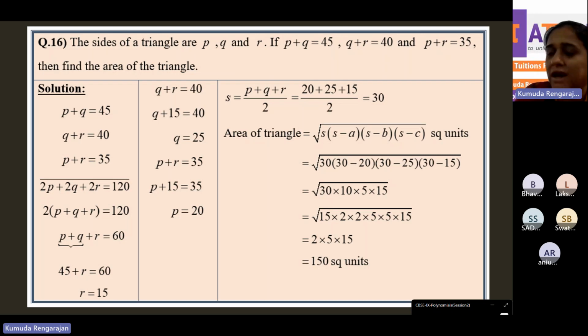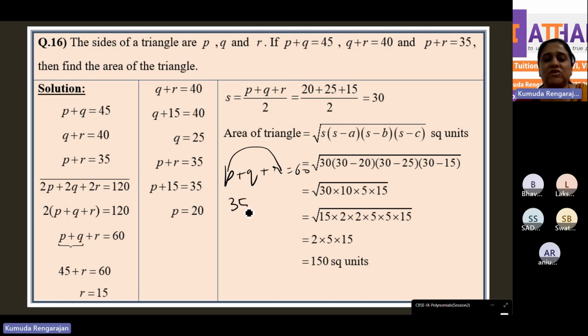Add the three equations and you get 2P plus 2Q plus 2R is equal to 120. Take out 2 common. Then you get P plus Q plus R is equal to 60. Now, we know that P plus Q is 45. You can substitute anything. You can also substitute P plus R. What is P plus R? 35. 35 plus Q is equal to 60, and you'll get Q is equal to 25.